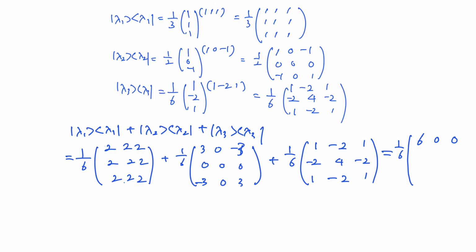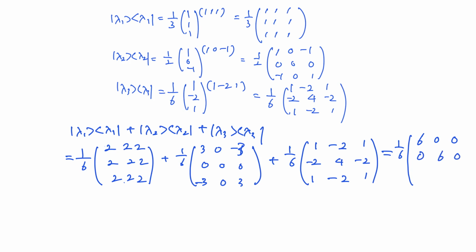How about the second one? 2, 0, minus 2, 0, right? 2 plus 4 is 6. 2 minus 2 is 0. So again, we have 0, 6, 0.